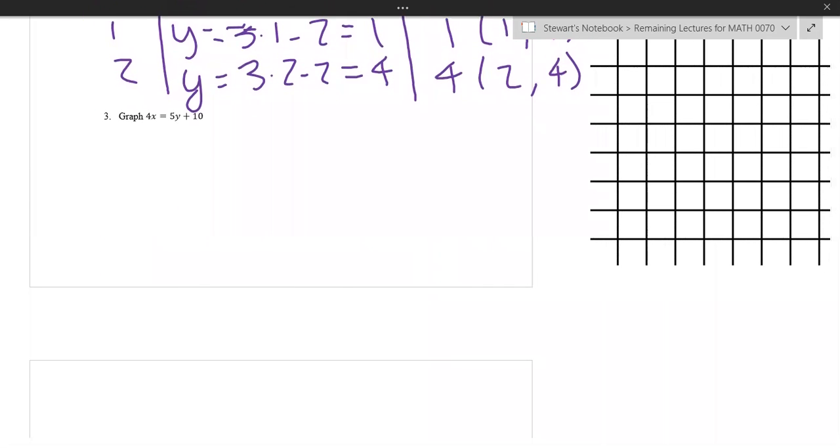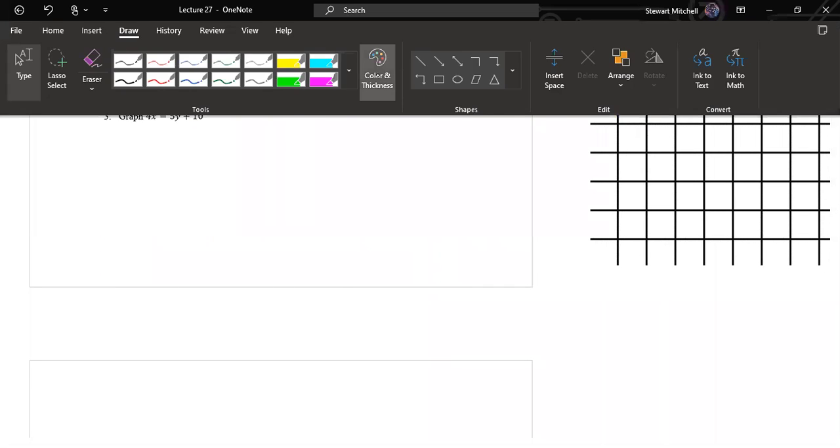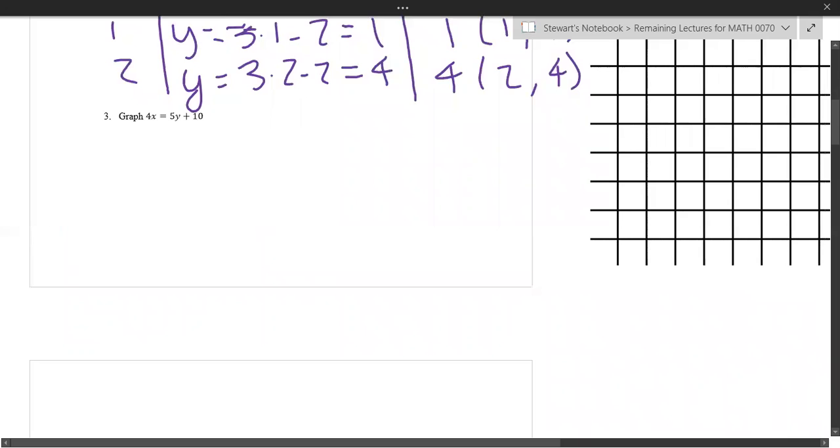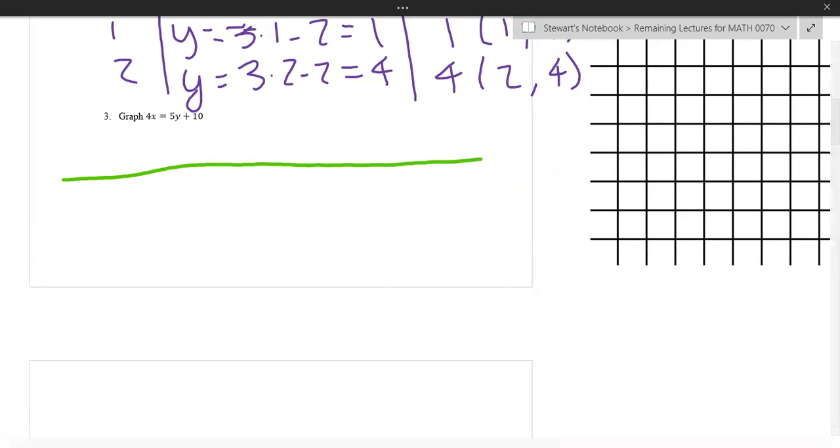For this one, it's going to be the same process. I'm just going to do something a tiny bit different. One thing to think about when you're graphing, especially on a typical standard coordinate plane, is that it's kind of hard to graph fractions or decimals accurately.